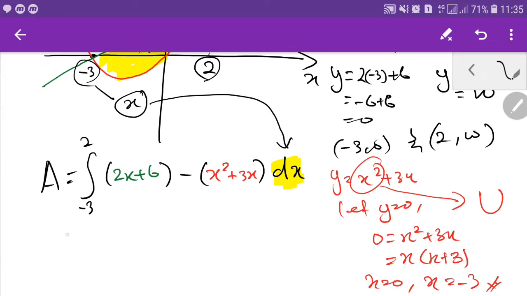So we integrate 2x plus 6 minus x squared minus 3x in terms of x.